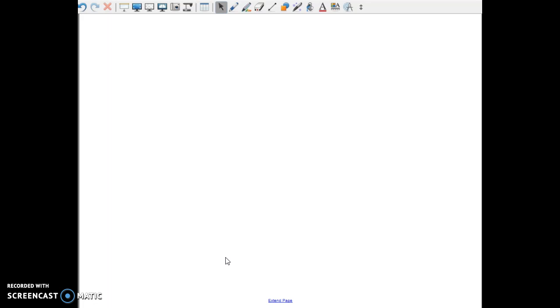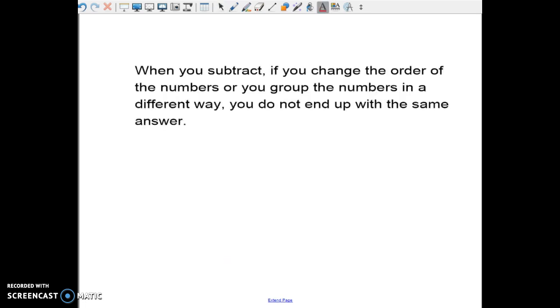There's no commutative or associative property of subtraction, only of addition and multiplication. So I'm going to go ahead and type in the answer for that explanation. Okay, so when you subtract, if you change the order of the numbers or you group the numbers in a different way, you do not end up with the same answer.